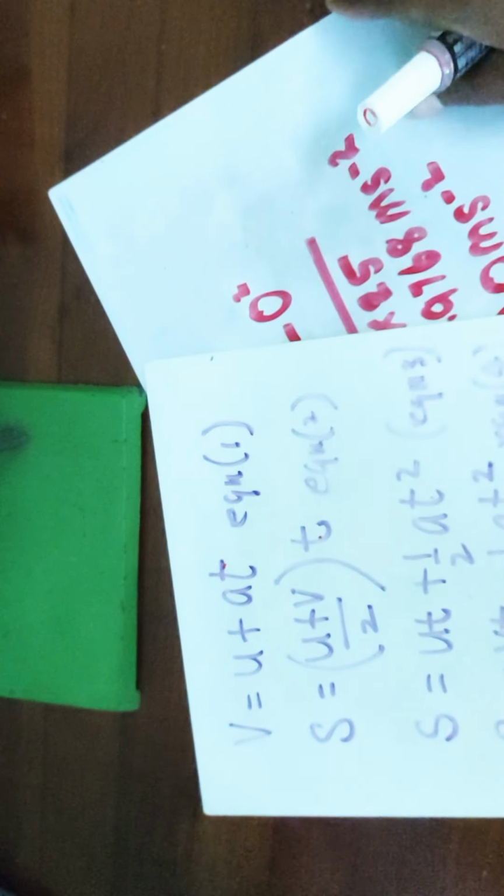So that is how you use the SUVAT equations. Basically, you have to find the variable not mentioned, and that tells you which equation to choose, and then you transpose to make the unknown variable the subject.